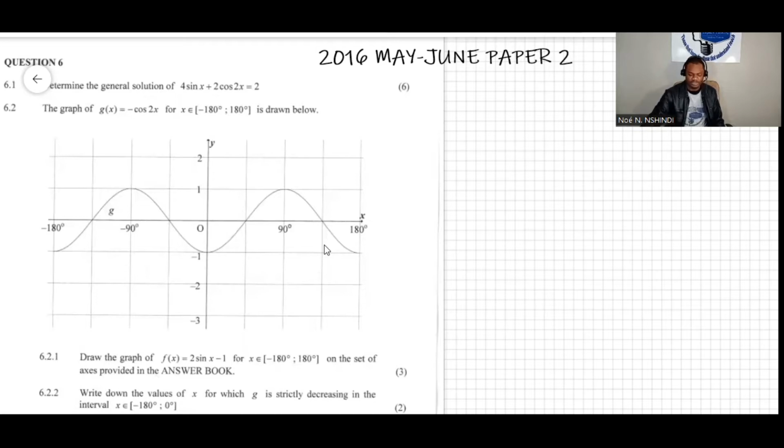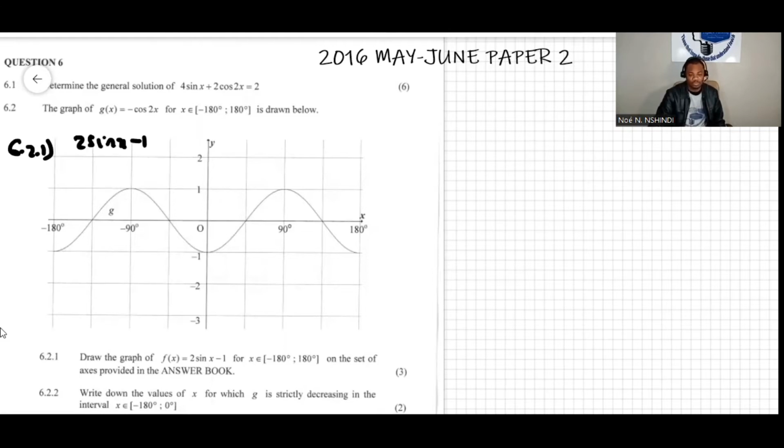Okay, let me write question 6.2.1 here. Actually, I'm going to do it over here, so I'll just write 6.2.1 here. Now, how can I do that? The easier way to do this is by using a calculator. We have 2 sine x minus 1.